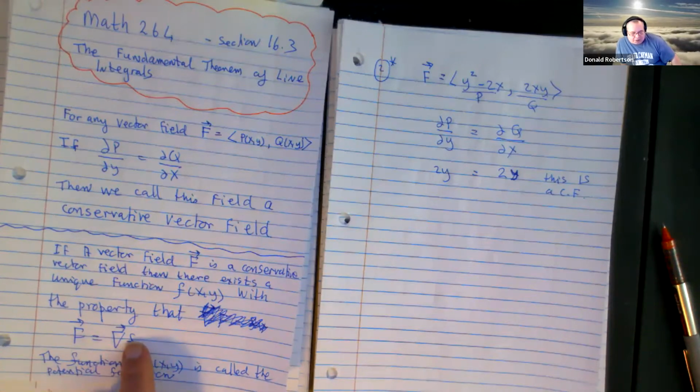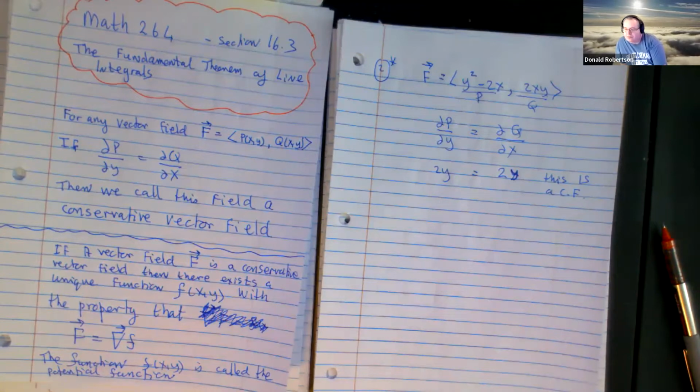So we are going to now figure out how to find this function f of xy, little f of xy. And this function even has a name because it gets used so much. It's called a potential function.